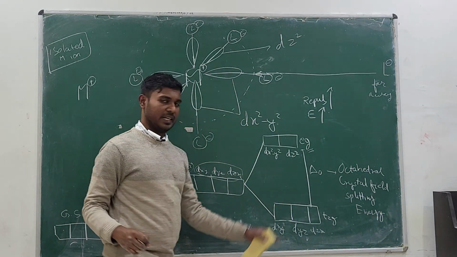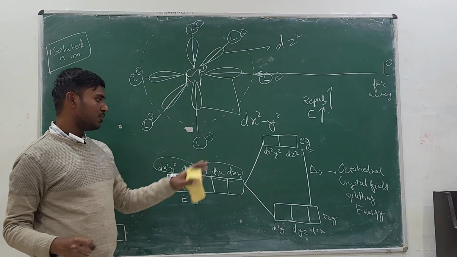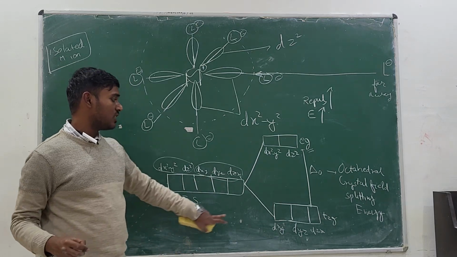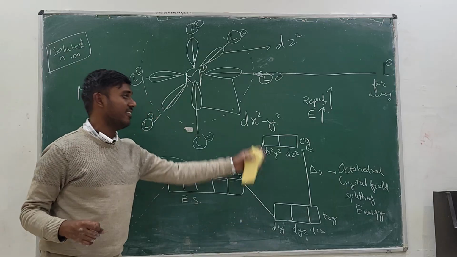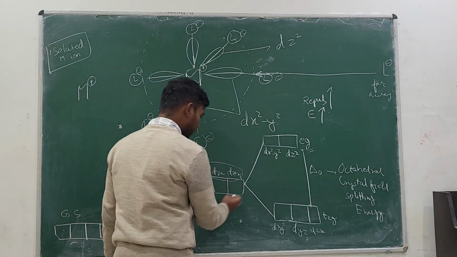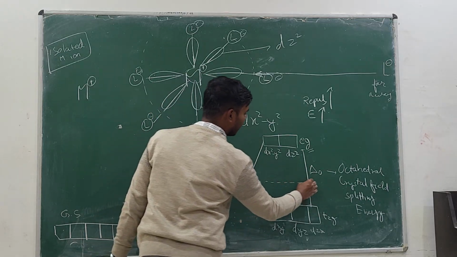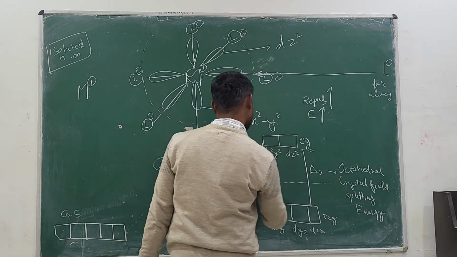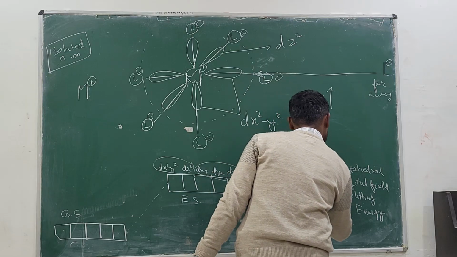Octahedral crystal field splitting energy specifies that our d orbital is split into two different energy levels named T2g and Eg. The energy of this excited state is marked as a barycenter.